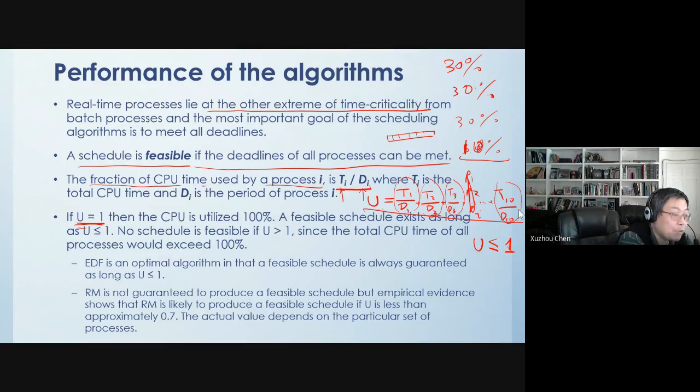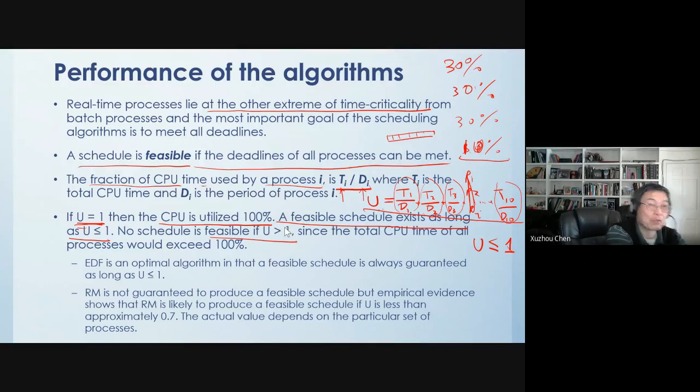Now, if U equals 1, that means the CPU utilization is 100%. That's perfect. However, for real-time applications, CPU utilization of 100% is really a bad idea. Normally you expect that a feasible schedule exists as long as U is less than or equal to 1. But no schedule is feasible if U is greater than 1.